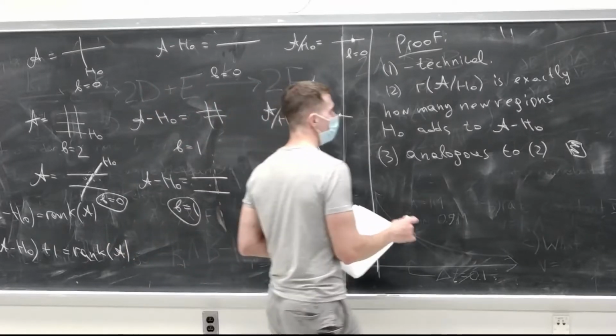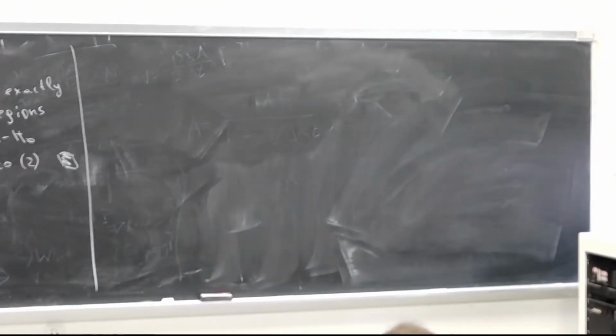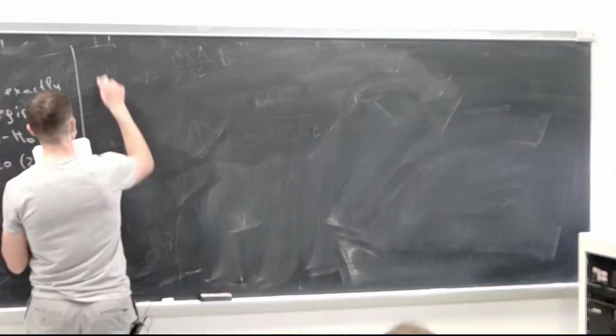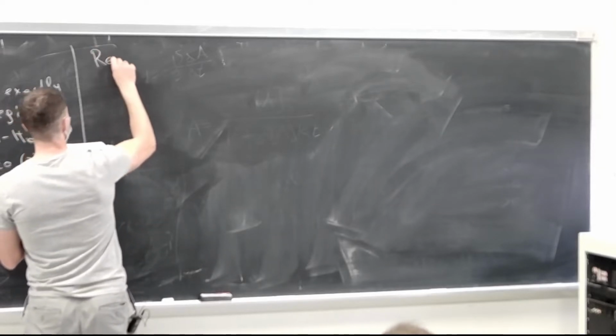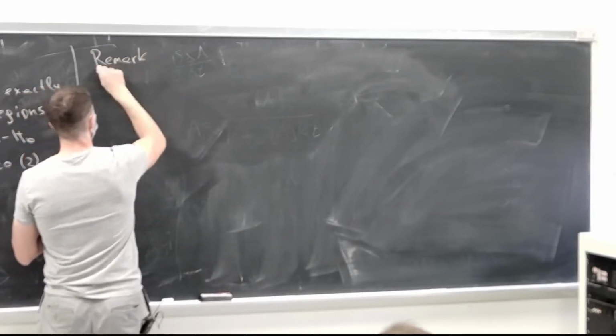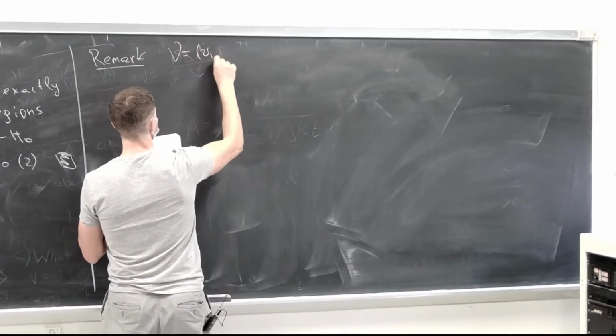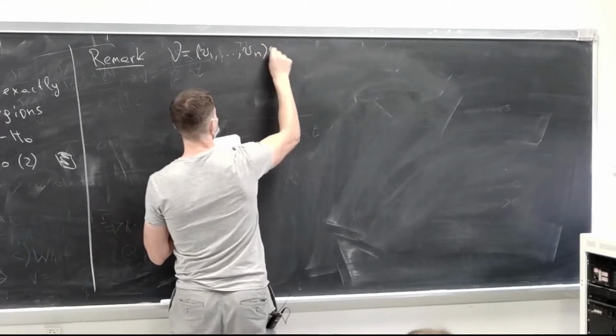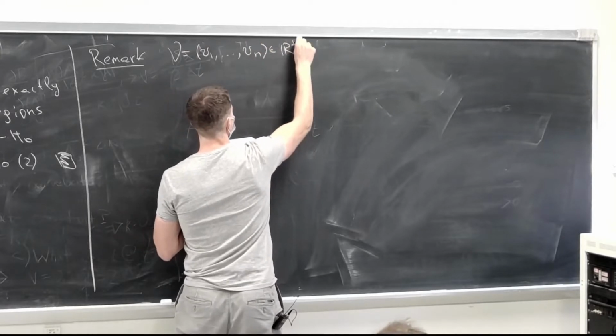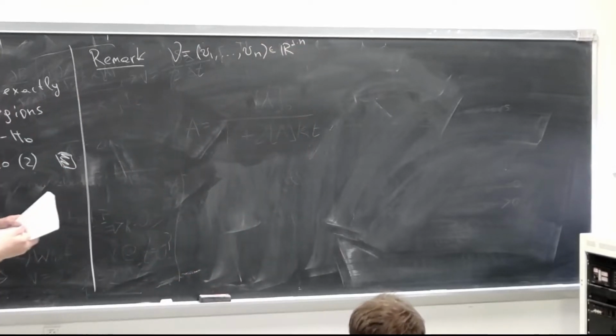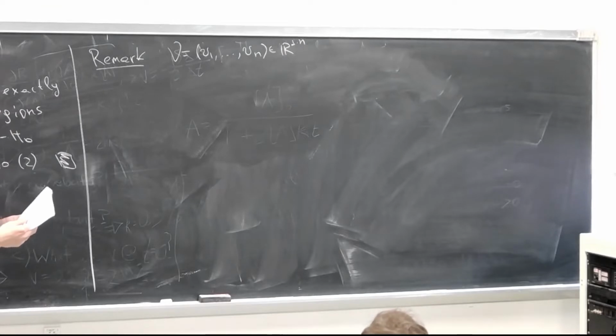Okay, so let me now mention, because at some point I mentioned that things for zonotopal tilings can be proved using a deletion-contraction recurrence, let me just briefly mention what happens for a vector configuration. So let's say you have a vector configuration v1, ..., vn inside R^d.